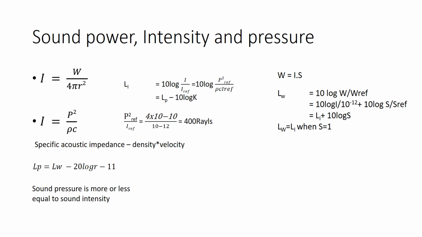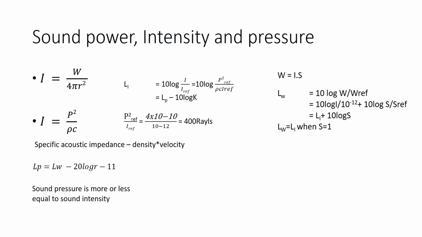Just look into the proportionality: the intensity reduces with increase in radius. It's an inverse square relationship, so the inverse square law applies to sound intensity. It means that the intensity of the sound will decrease with increase in the distance between the sound source and the receiver.